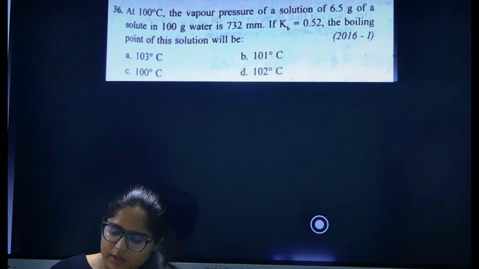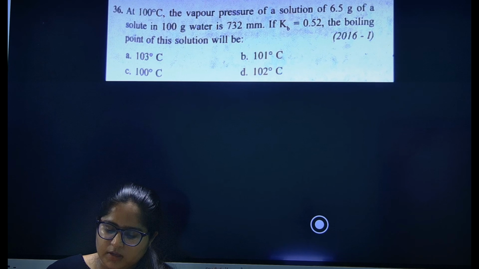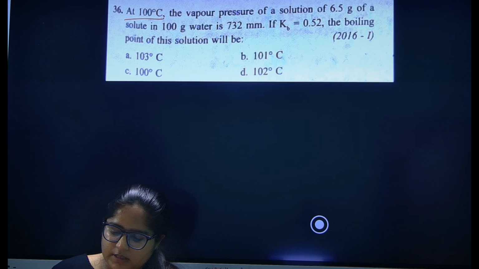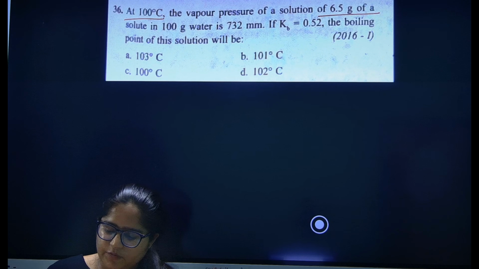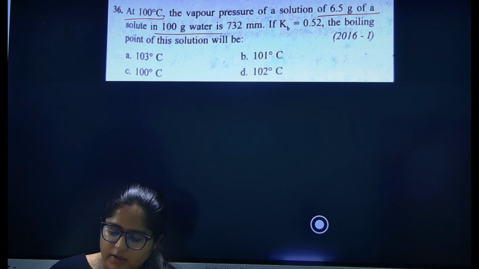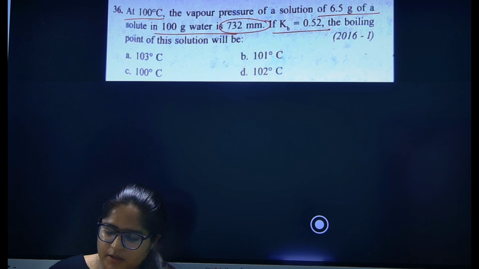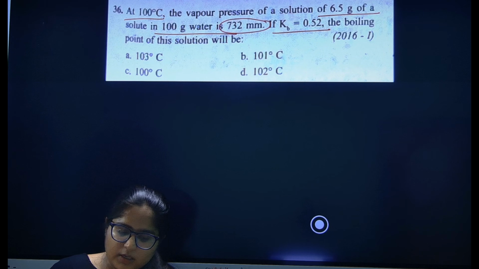Now let us see question number 36. At 100 degree centigrade, the vapor pressure of a solution of 6.5 gram of a solute in 100 gram of solvent is 732. Kb is 0.52. The boiling point of this solution will be? So what are the things given?